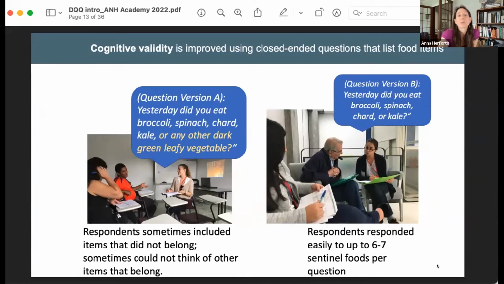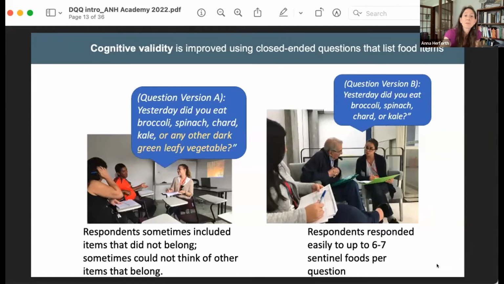So this is similar to what we just practiced using the Mentimeter exercise, but we have some traditional ways of asking these questions that had been published in previous MDDW guides that were really suggestions that had not been validated or tested. And we sought to really dig into what is the best way to ask questions about food group consumption that are consistently understood by everyone in the same way each time.